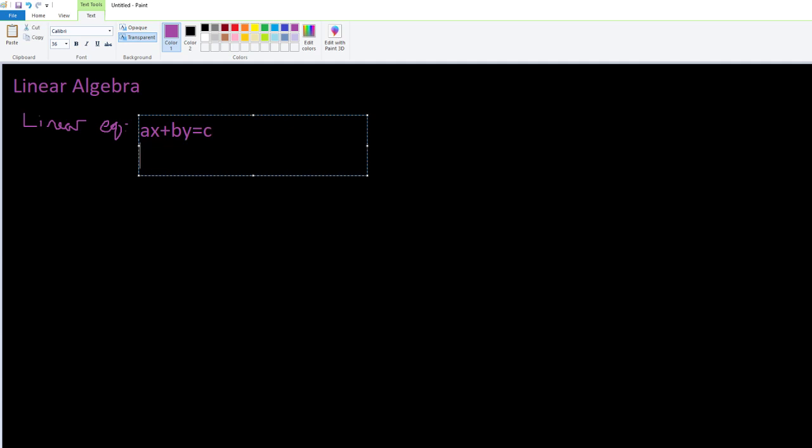Another way to write this would be a1 times x1 plus a2 times x2 plus a3 times x3 plus ... equals a constant.